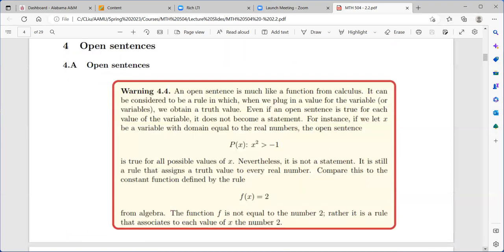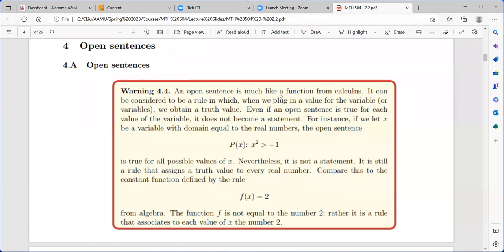Okay. There's one thing that needs to take special attention. An open sentence is much like a function from calculus, because it has a variable, right? And when you plug in any specific value of x, it gives you a truth value.